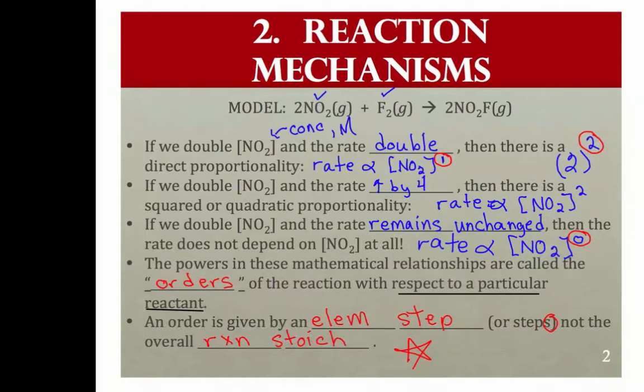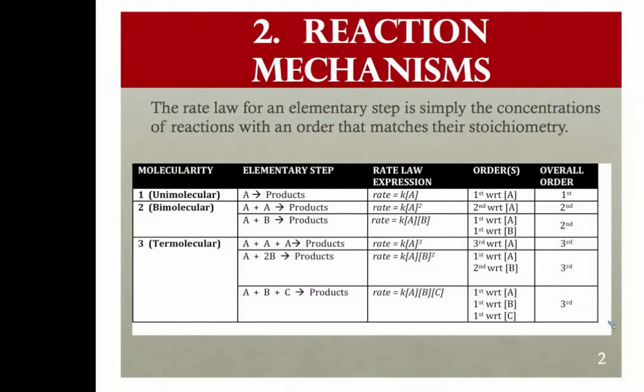In other words, I can't look at this reaction stoichiometry and say, well, there's a 2 in front, therefore it must be second order, and there's a 1 in front, therefore it must be first order. If this is an overall, not an elementary, I can't say that. That's not how we get our orders. Okay, so unfortunately, that doesn't happen. Fortunately, we can from an elementary step, because that does tell us just exactly how it reacts.